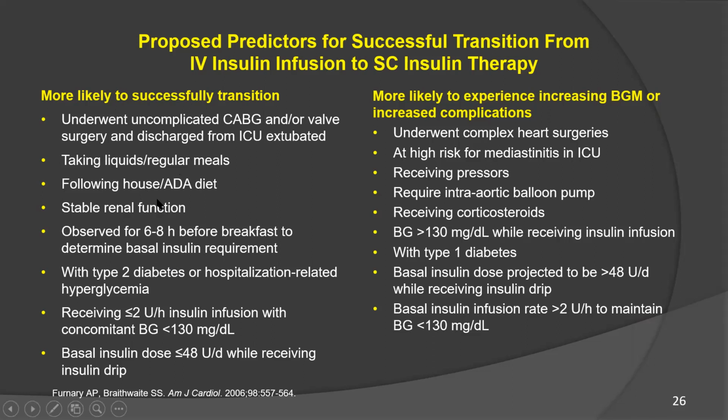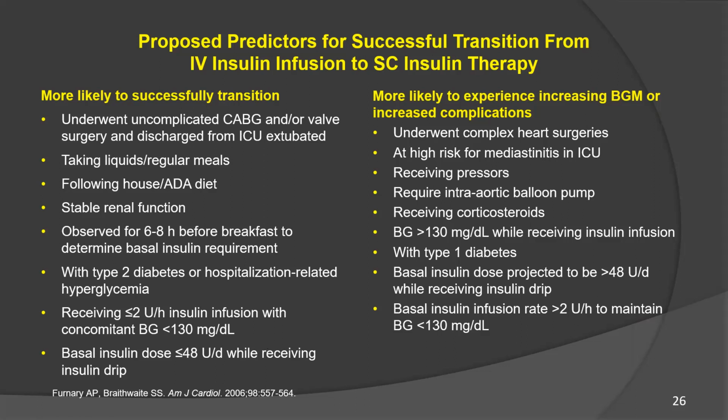They have stable renal function. They were observed for 6 to 8 hours before breakfast to determine basal insulin requirement, with type 2 diabetes or hospitalization-related hyperglycemia. That means they are on the lower risk side, receiving less than 2 units per hour insulin infusion with concomitant blood glucose of less than 130. So a good control type of hyperglycemia here.